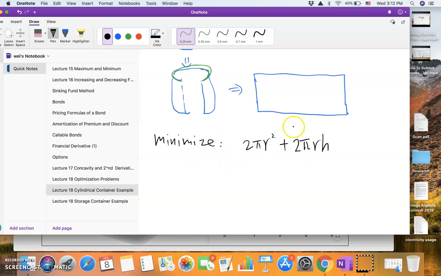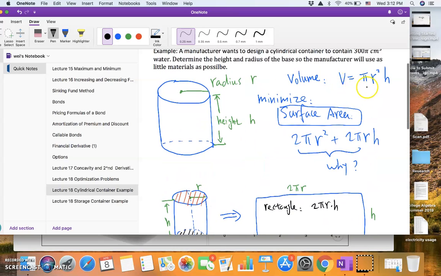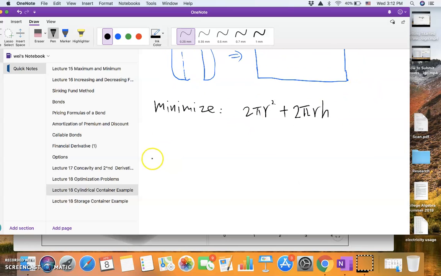So we want to minimize this quantity given that the volume is 300 pi. In this problem, the constraint is that the volume, pi r squared times h, is equal to 300 pi.